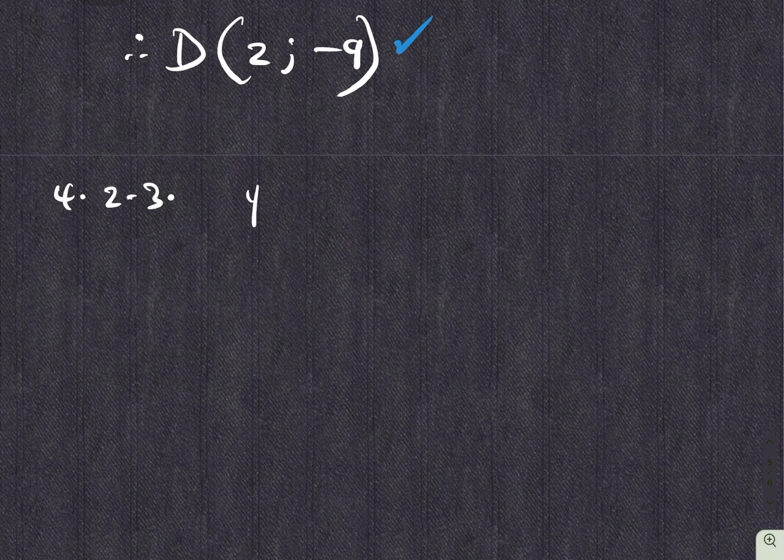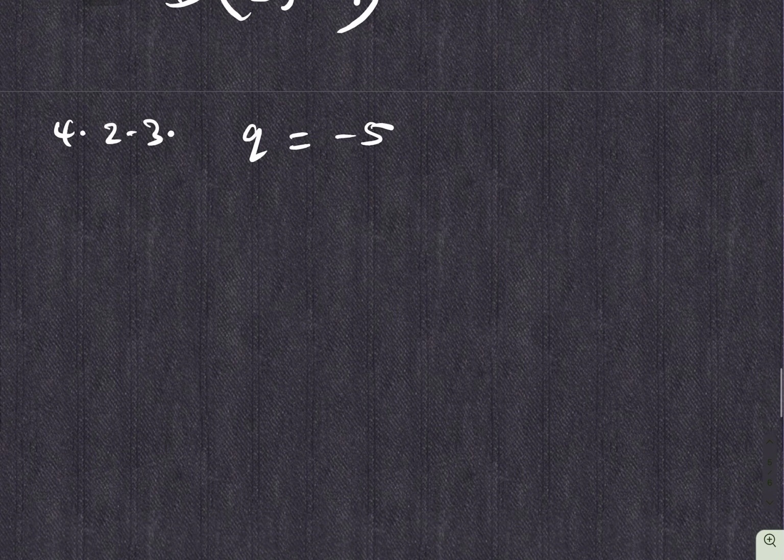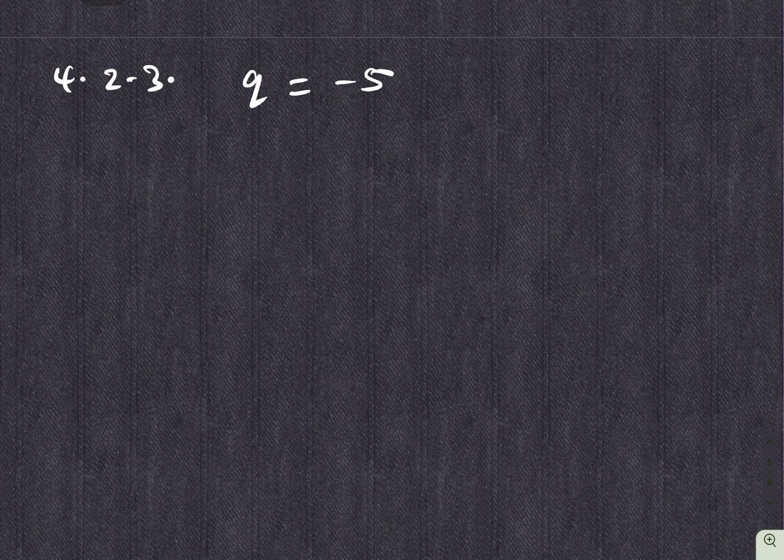So q is equal to negative 5. You just read it from the graph: q is the asymptote of g, where the graph is not touching. That means the graph of g of x is equal to a multiplied by 2 to the power x plus q, and the plus q, just put it here.